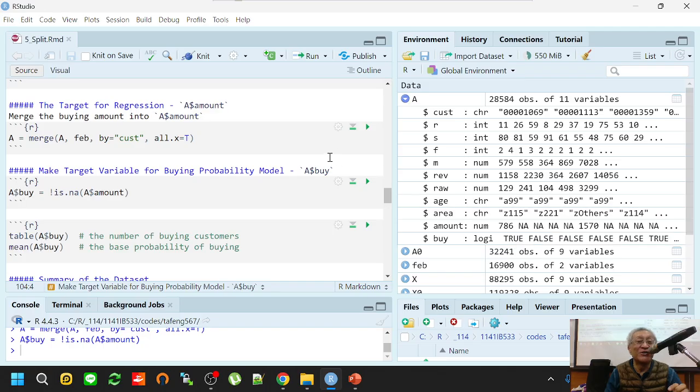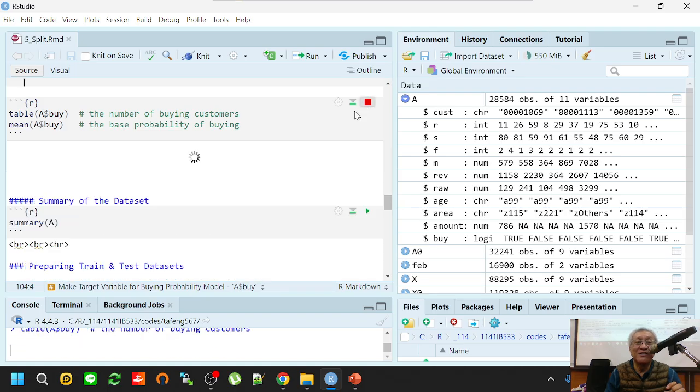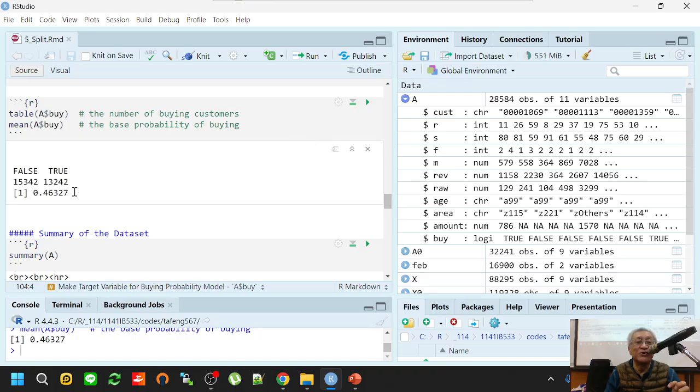Okay, so when doing this, we can do a quick summary, right? We do a table. So we know that out of these 2A5A4 customers, this many customers buy, right?